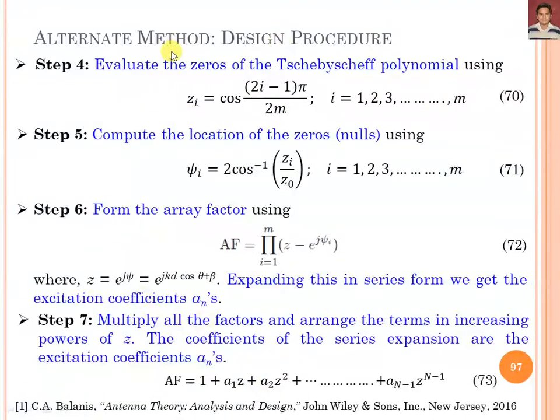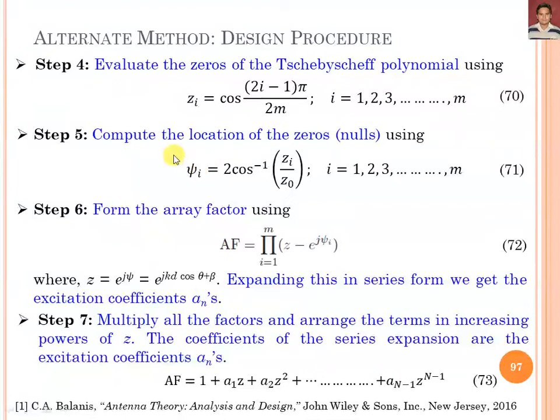In step 4, we need to calculate the zeros of the polynomial using this expression. Zi, the zeros, is equal to cos of (2i minus 1) times pi by 2 times m, where i is equal to 1, 2, 3 up to m. Then further we need to compute the location of zeros, where the location of a zero means where the null occurs.